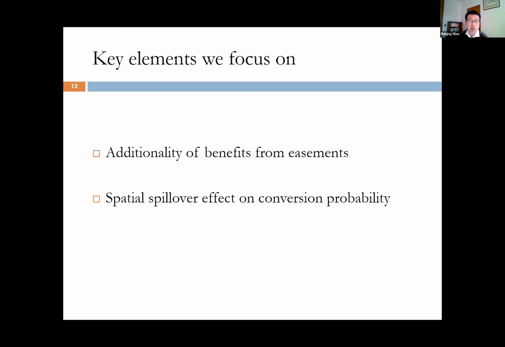And later, I will show you a larger example using the actual grassland tracts in a county in North Dakota to illustrate the mechanism here. So the key elements we focus on in this study are additionality of benefits from easement, and also the spatial spillover effect on conversion probability.